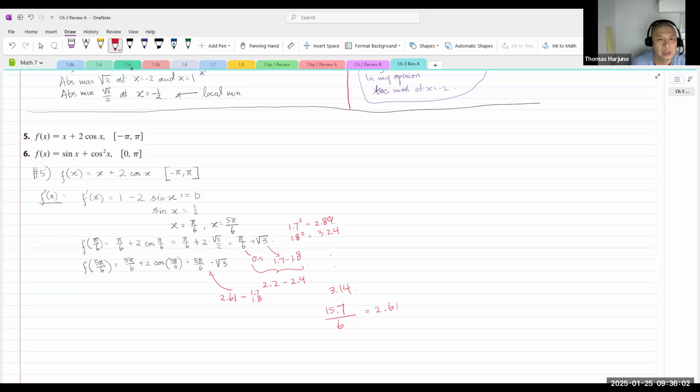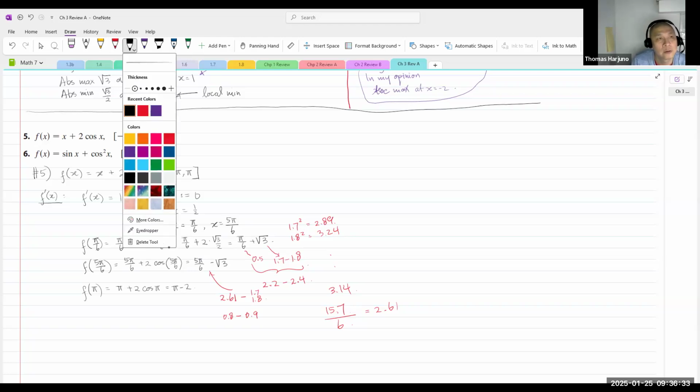Okay, so this will be approximately 0.9, or 0.8, around that number. Okay, and then how about f of pi? That will be pi plus 2 cosine pi, but cosine pi is -1. So that's pi minus 2. Pi minus 2, 3.1 something, that's approximately 1.14.